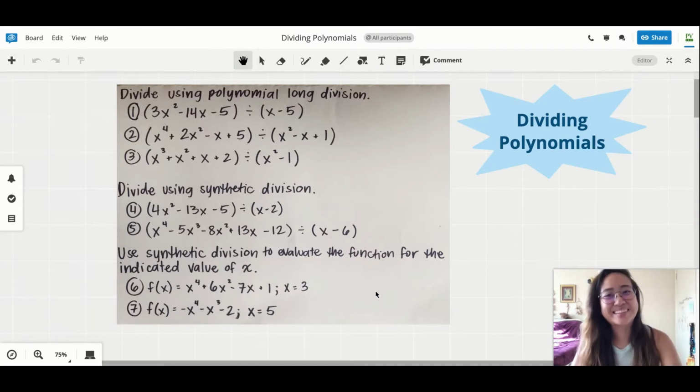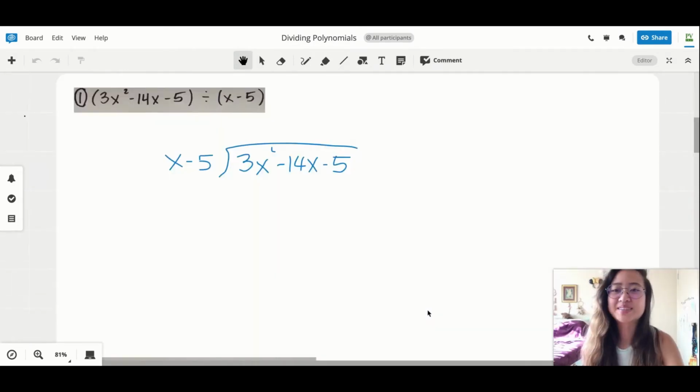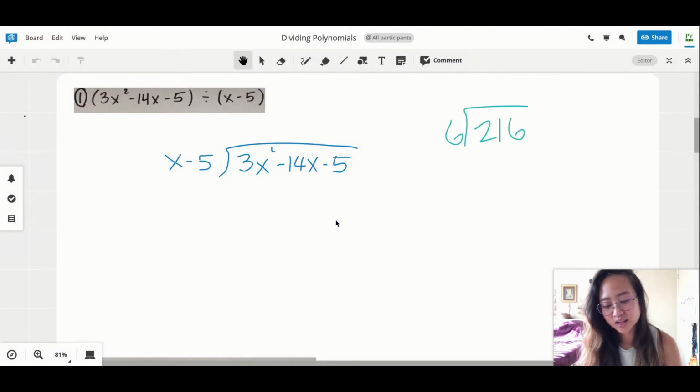So let's get started. Okay, so here we have number 1, 3x squared minus 14x minus 5 divided by x minus 5. So I went ahead and already set it up in a long division bar, but before we get started, as a refresher to how long division will work in this case, let's start with just dividing numbers.